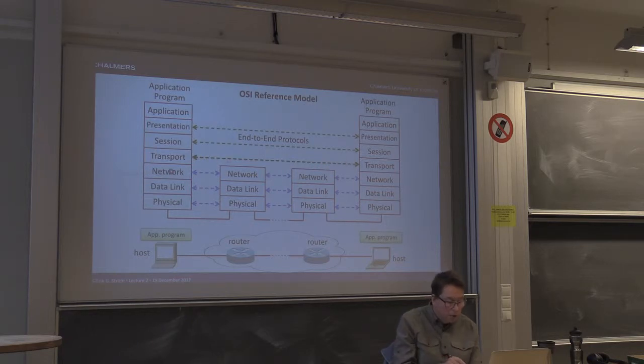So the layers on top of the network layer, transport, session and so on, are called end-to-end protocols because they talk from host to host. There is no transport layer in the router because it doesn't need it. It's not an end node.